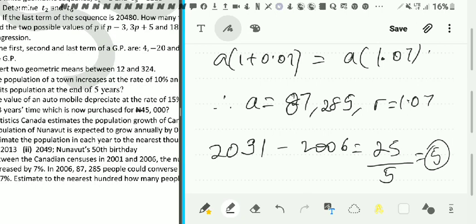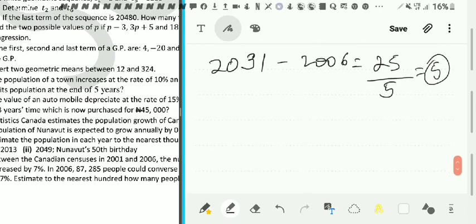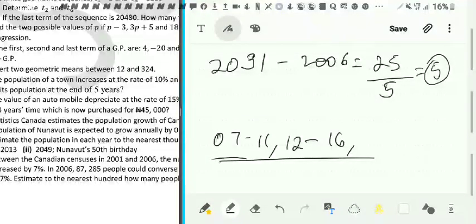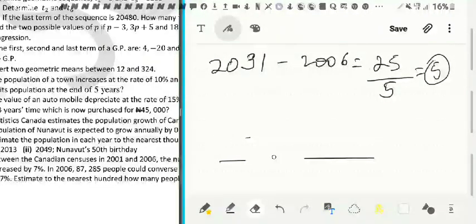The first term we go from 2007 to 2011. That's the first term. The second term we start from 2012 to 2016, and so on and so forth. So we have 5 terms before we get to 2031. I think you understand what I'm trying to say. Good, since we are doing it over a 5-year period.